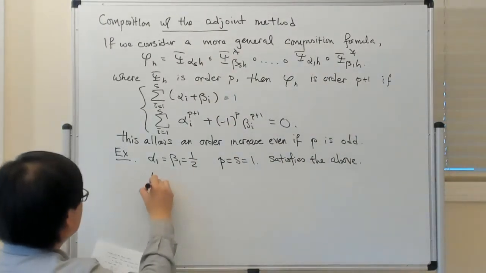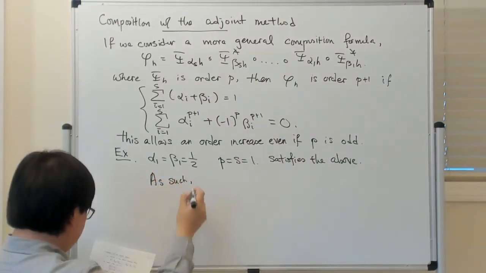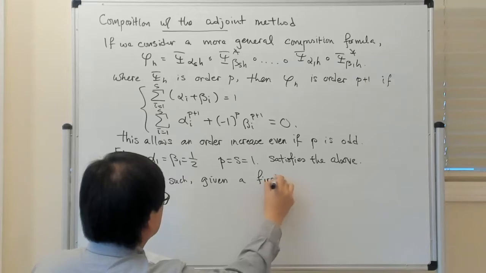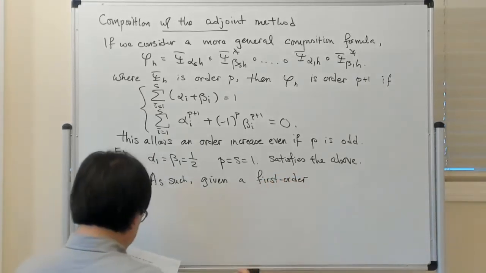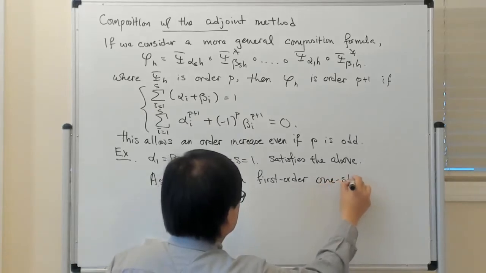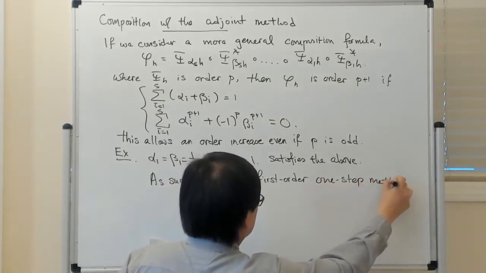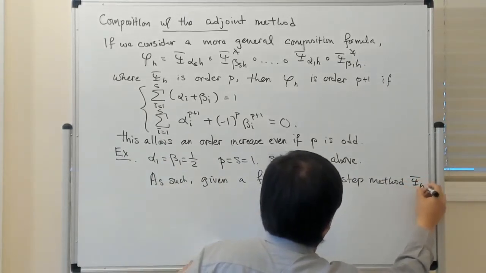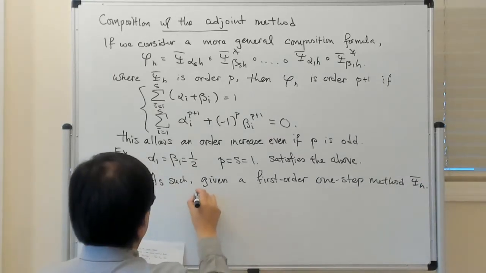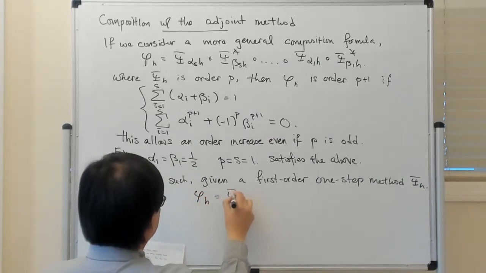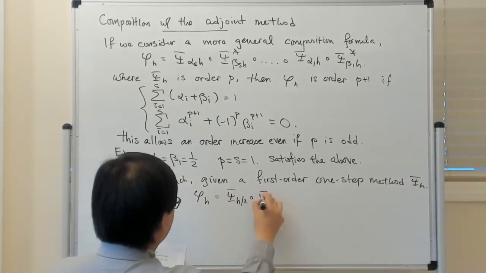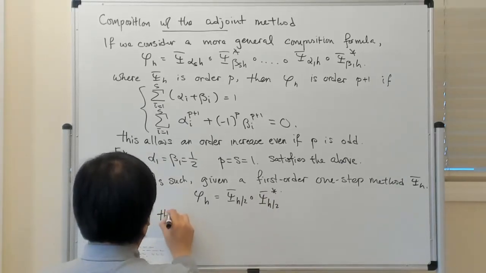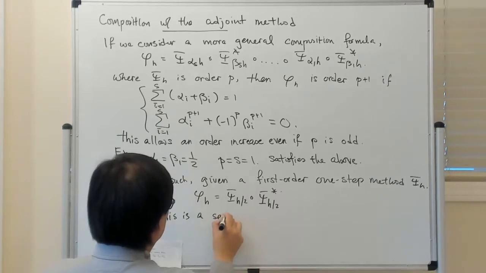As such, what this means is that given a first order one-step method, psi of h, you can look at this composition, which is a half step of the one-step method composed with a half step of the adjoint. And this is a second order method.